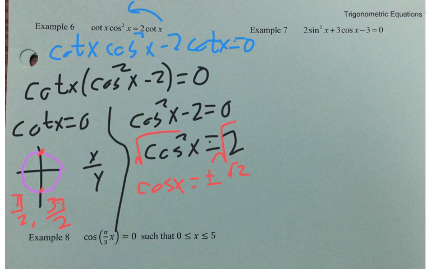So this one gives nonsense. Does not exist. Because again, if you think about it, cosine can only oscillate between -1 and 1. Radical 2 is bigger than 1. It's like 1.4 or something. So that one gives no solution. So that would be my 2 answers.